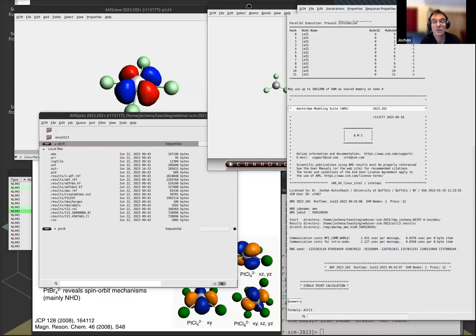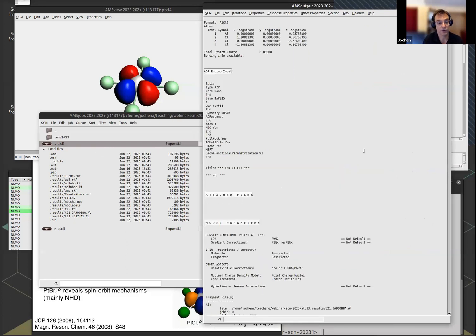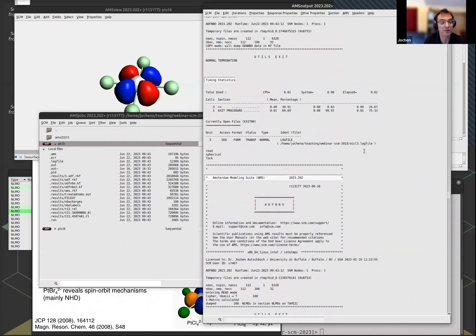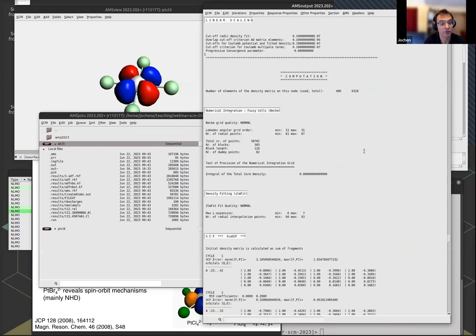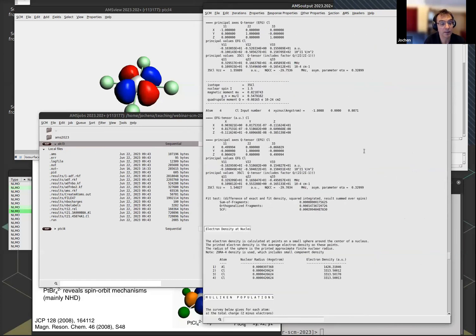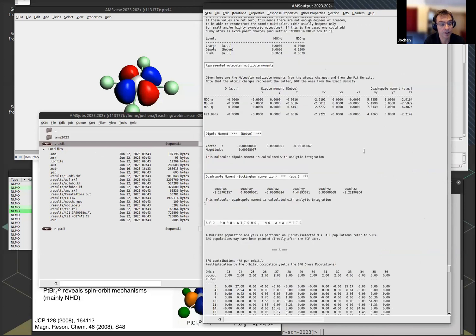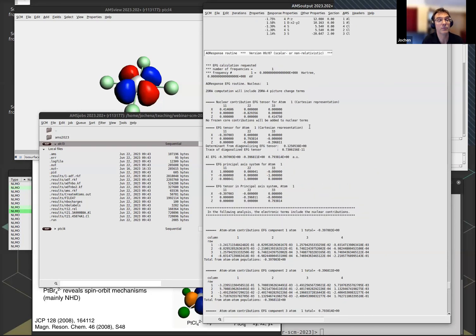Okay, let's bring this over here. And then I have to scroll for a little bit to see the NBO analysis, at the end here. Okay, right here. So this is the beginning.